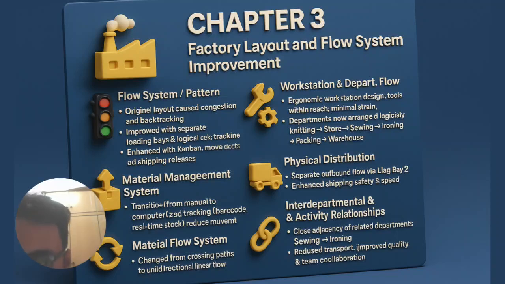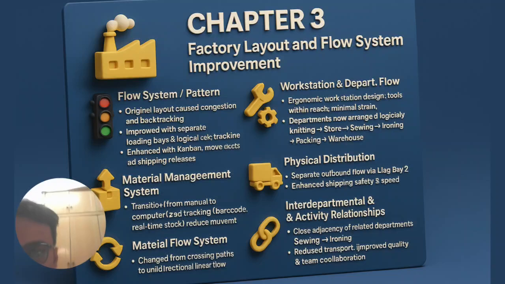I also want to highlight that the departments are arranged logically to follow the natural garment production sequence, starting from the knitting of fabric process, as my friend stated in the past slide, then moving to the store, then sewing, ironing, and packing. This arrangement not only reduces the travel distance for material but also improves coordination between departments.